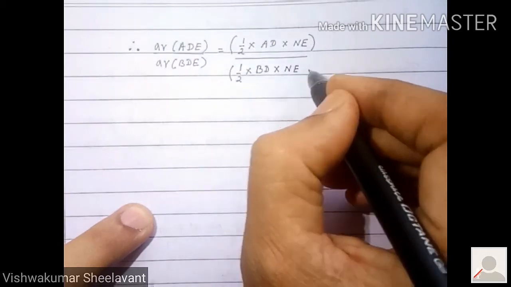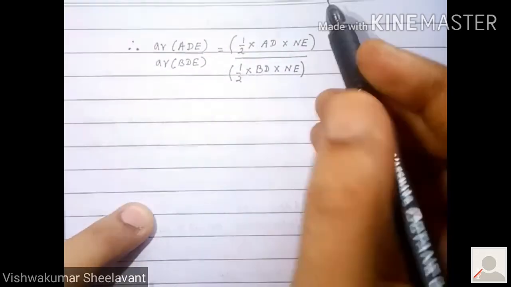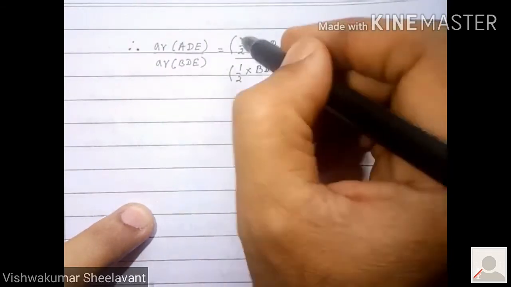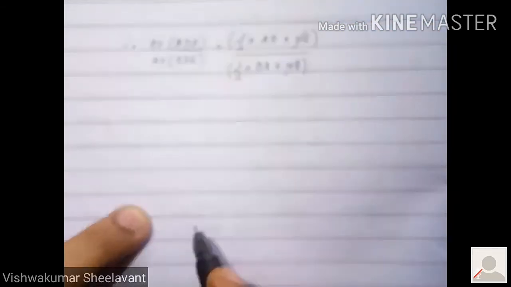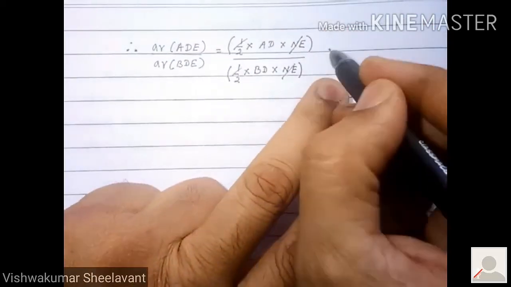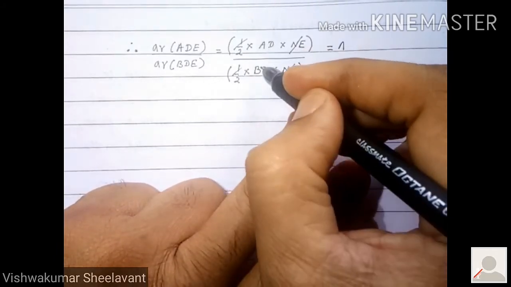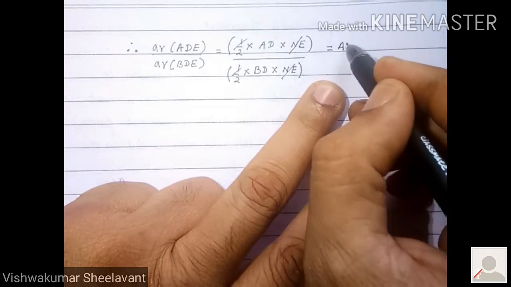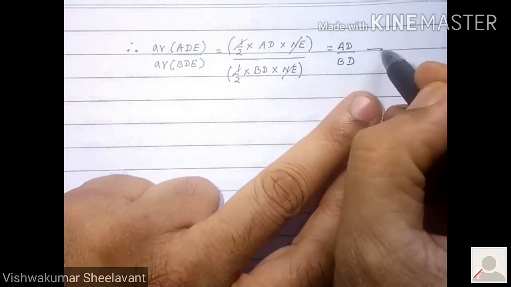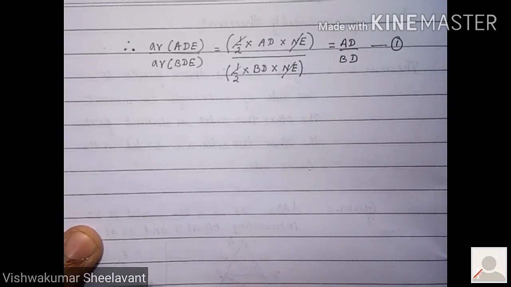Half into BD into NE. So now what happens? NE will cancel. Half and half will cancel. You will get AD by BD. Call it equation 1 now.